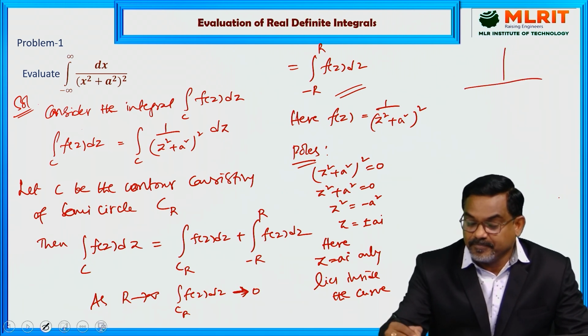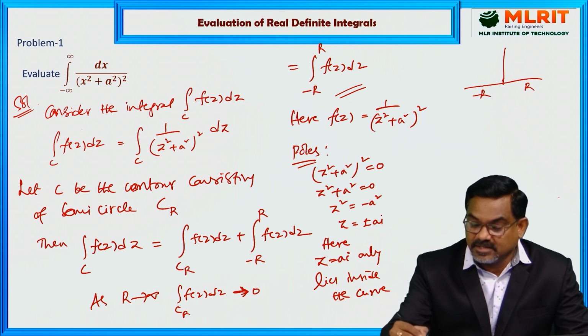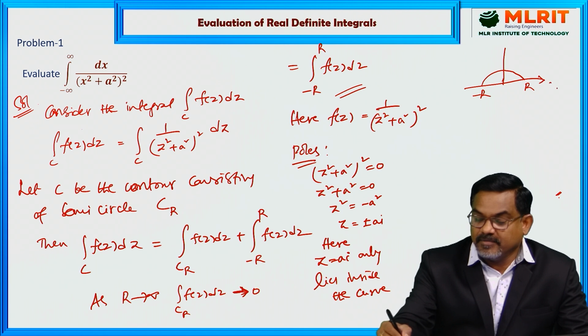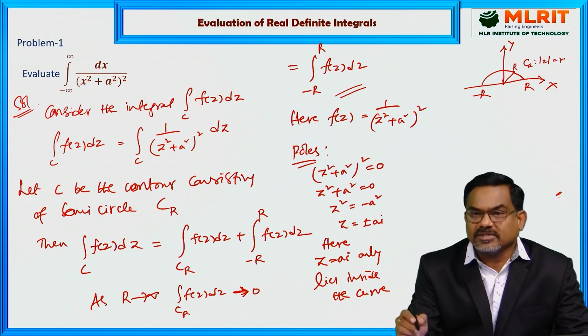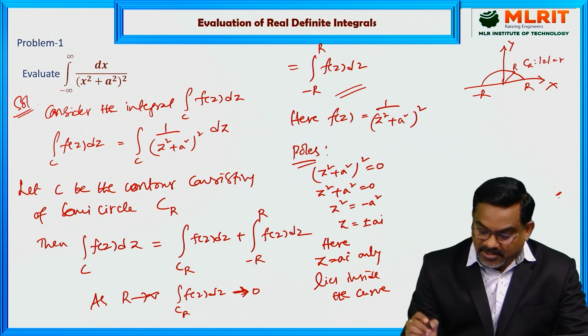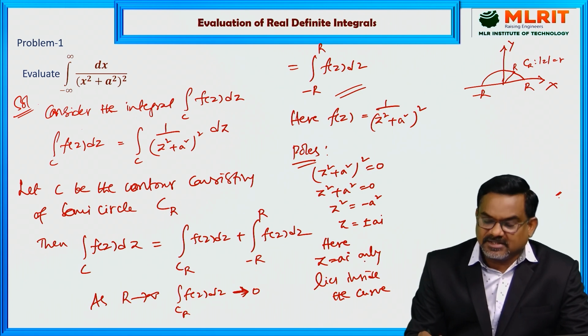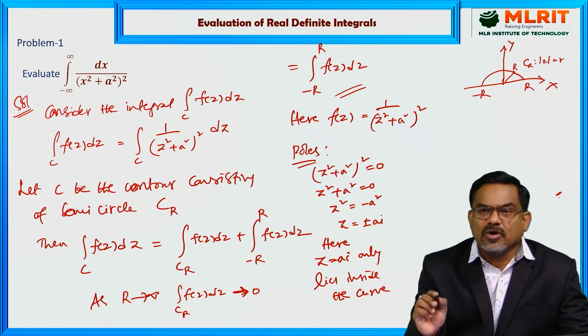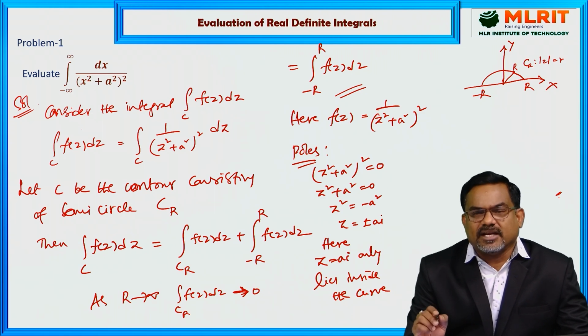So here this is minus R to R on the real axis and this is a semicircle, and here CR is mod z equal to R. Since we are considering only the upper part, z equal to ai lies inside the curve, z equal to minus ai lies outside the curve. So it is enough to calculate the residue at this pole.